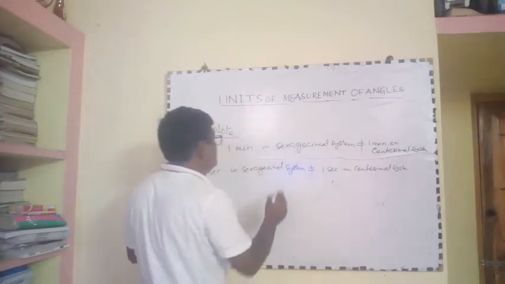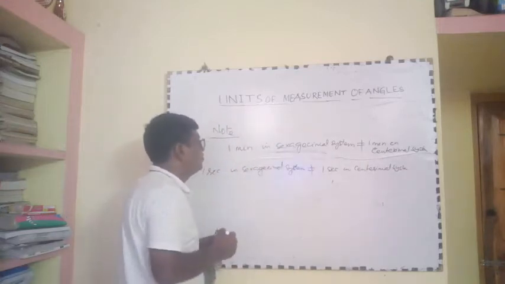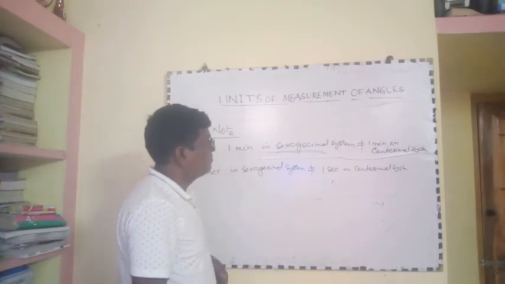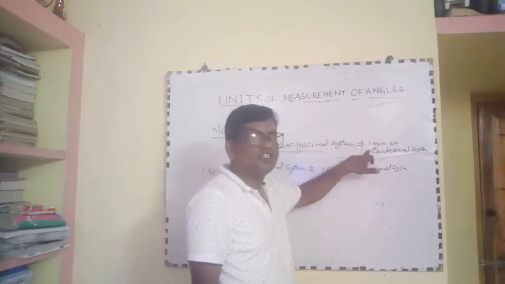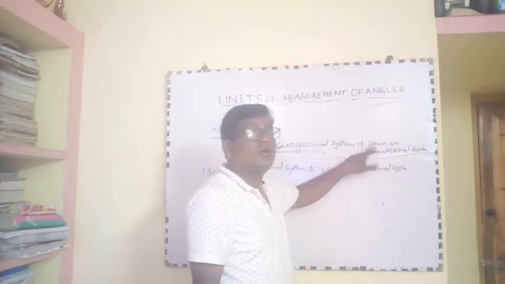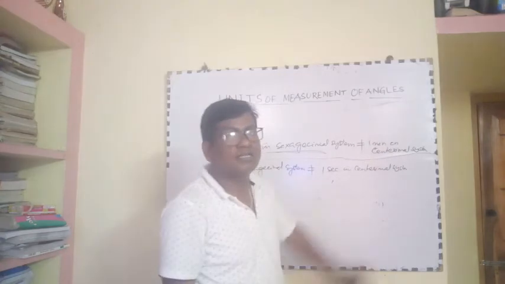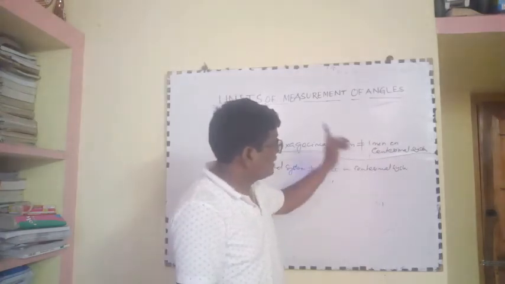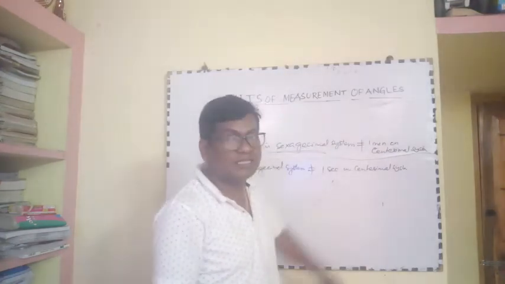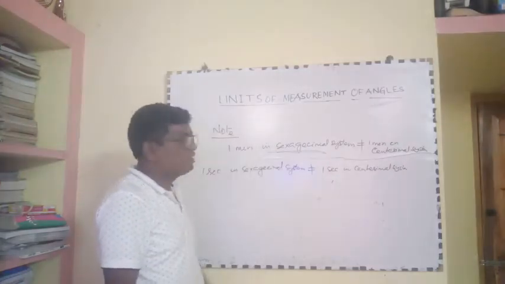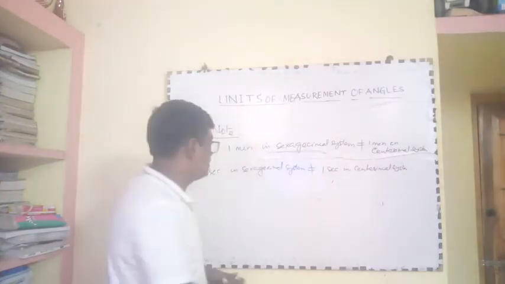In sexagesimal system, 1 minute is equal to 60 seconds, but in centesimal system, 1 minute equal to 100 seconds.